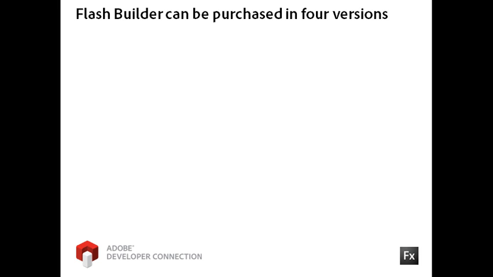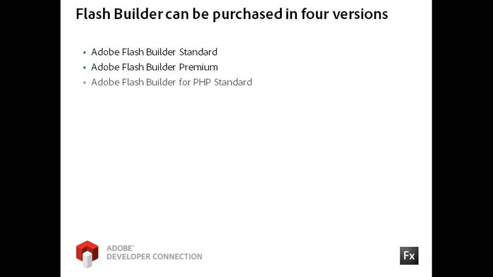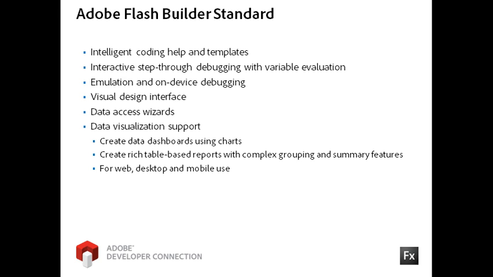FlashBuilder is also available in 4 versions: FlashBuilder 4.5 Standard, FlashBuilder 4.5 Premium, FlashBuilder 4.5 for PHP Standard, and FlashBuilder 4.5 for PHP Premium. The standard version has most of the features developers need to accelerate and support web, desktop, and mobile development.